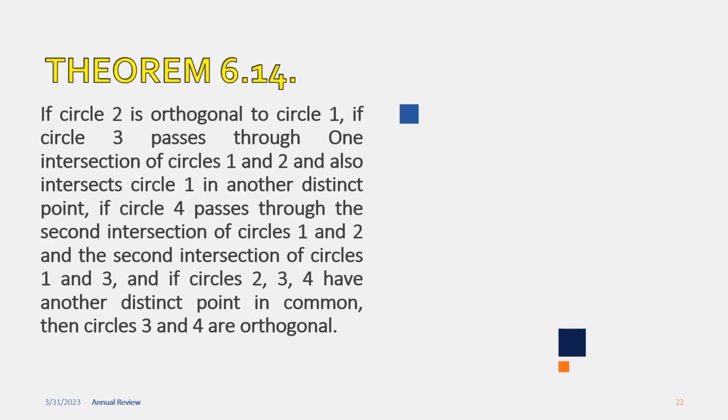If circle 2 is orthogonal to circle 1, if circle 3 passes through the intersection of 1 and 2 and also intersects circle 1 in another distinct point, if circle 4 passes through the second intersection of circle 1 and 2, and the second intersection of circle 1 and 3, and if circles 2, 3, 4 have another distinct point in common, then circles 3 and 4 are orthogonal.